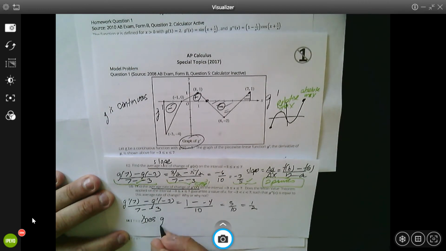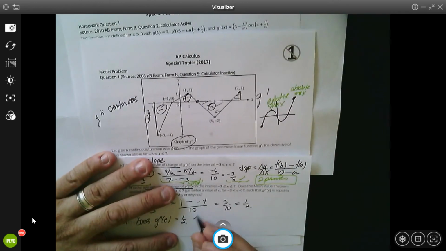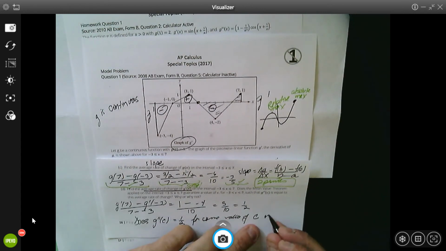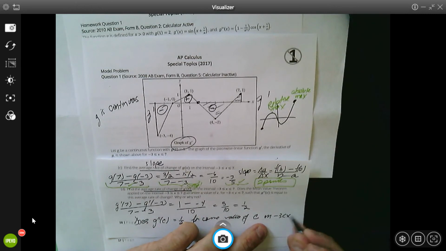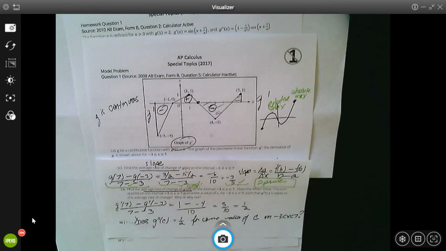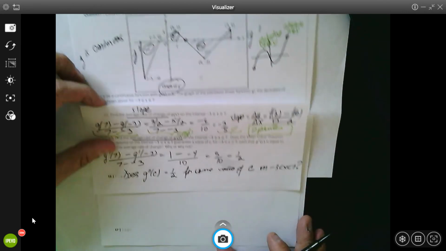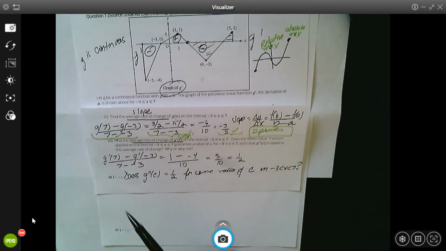Basically, does g double prime of c equal 1/2 for some value of c on the interval negative 3 less than x less than 7? That's the question being asked here. And this is probably not a question I'd expect lots of students to get right. Does the second derivative equal 1/2 for some value of c?